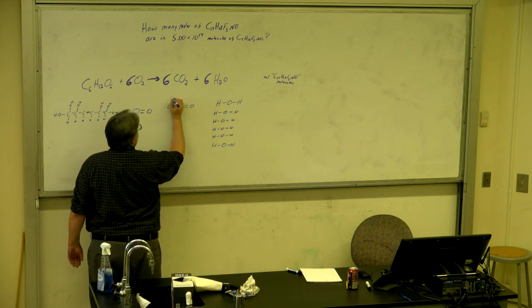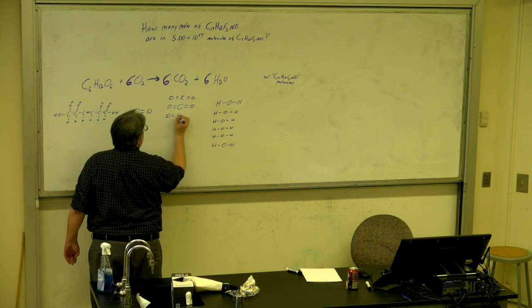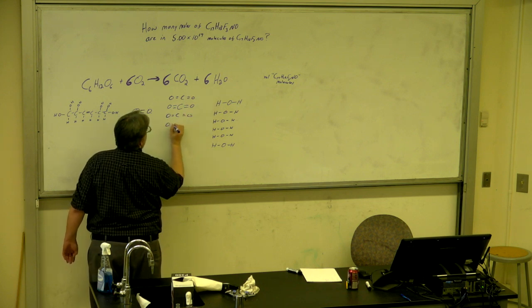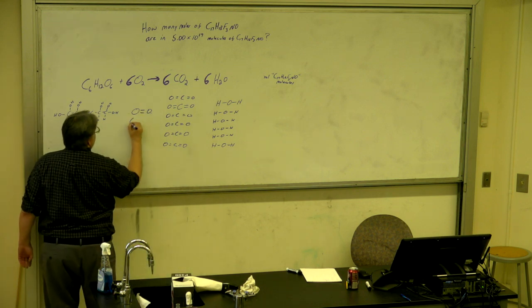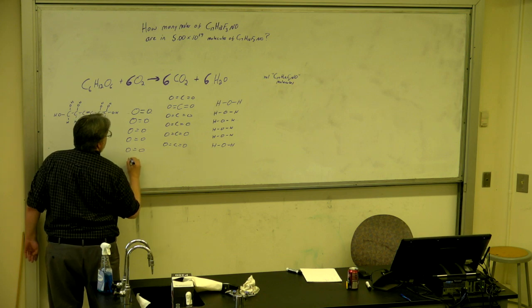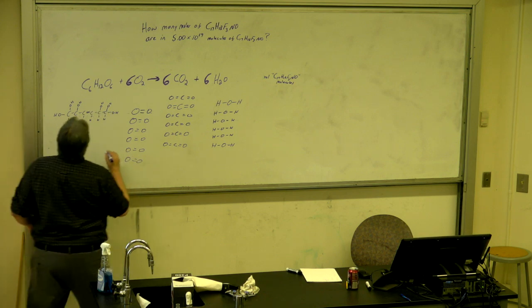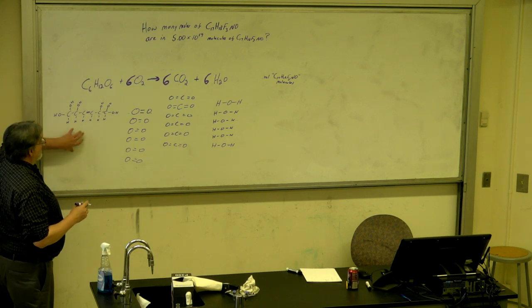That 6 is telling you you have 6 of these. That 6 says we have 6 of these. And again, in chemistry, we drop the 1 when it's a 1, so there's only 1 of these.